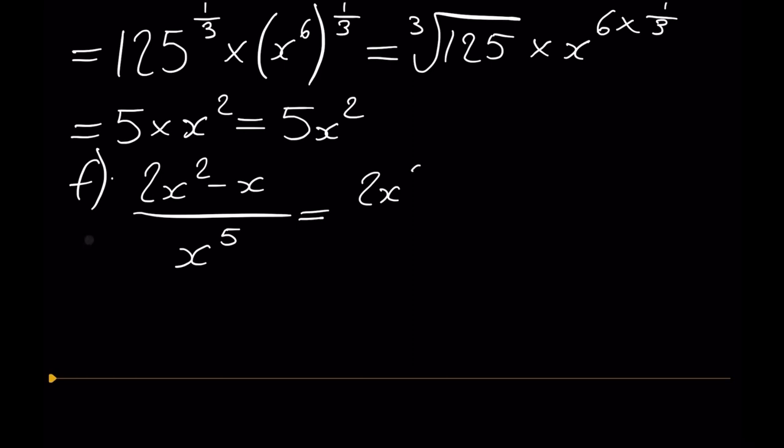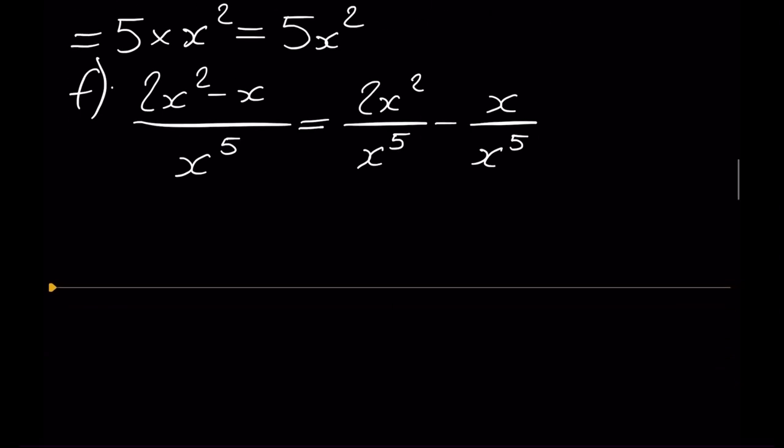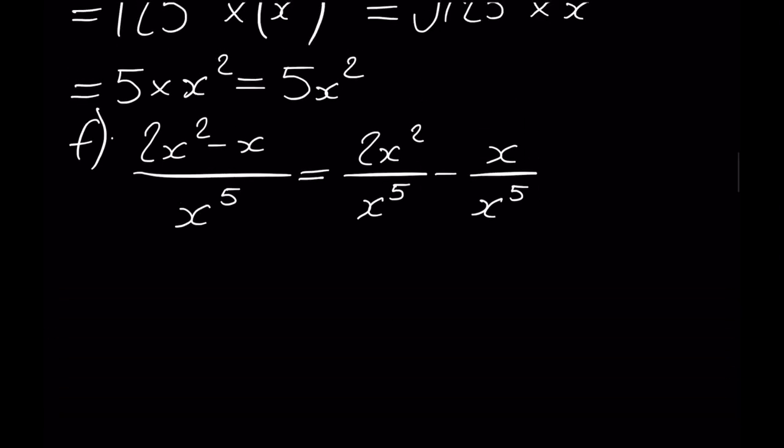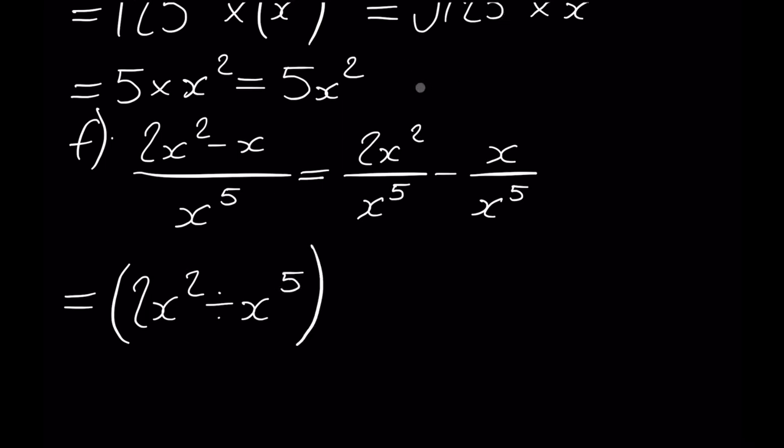So we can rewrite this as 2x squared over x raised to the power 5 minus x, all divided by x raised to the power 5. Now we can rewrite this as 2x squared divided by x raised to the power 5, because a fraction implies division, minus x divided by x raised to the power 5.